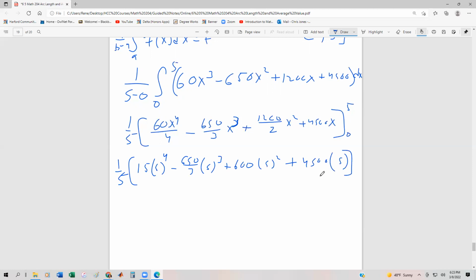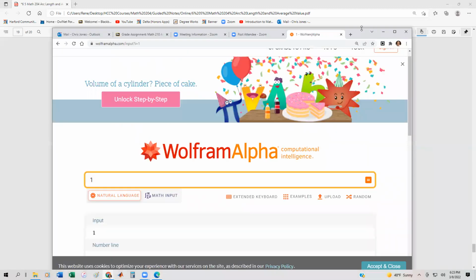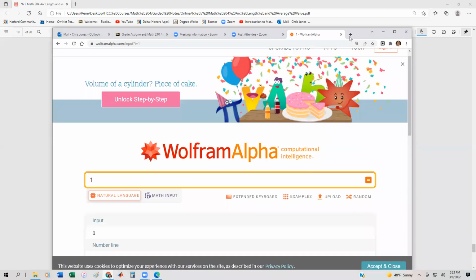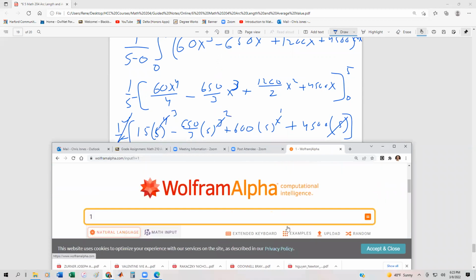Now to make this a little bit easier to compute, notice that we have a 1/5 and then everything inside has a factor of 5. So realistically, we can just reduce each of these by a power of 5, just to make it a little bit easier on us. And then at this point, we can just shove it into our computer algebra system or calculator to compute. Let's make it nice and easy for ourselves by just using Wolfram Alpha.